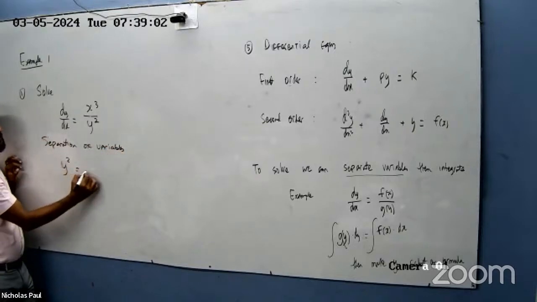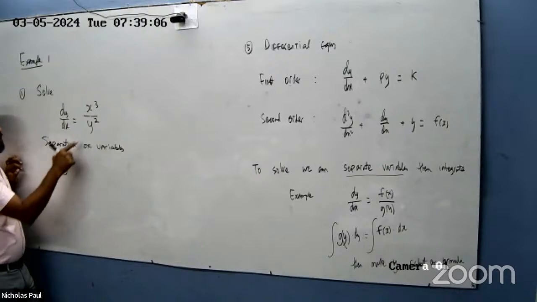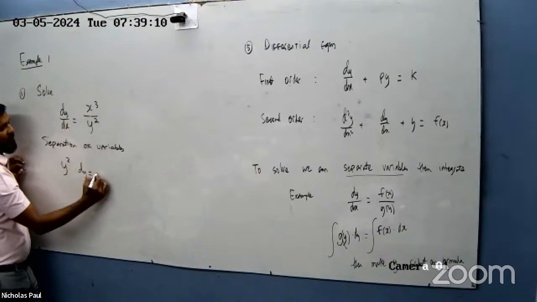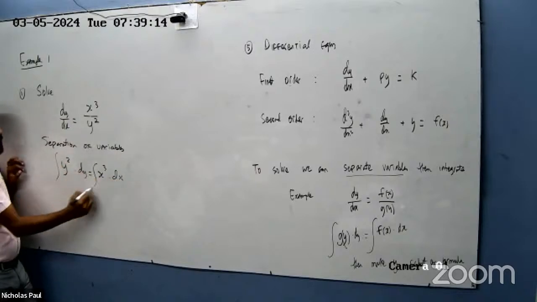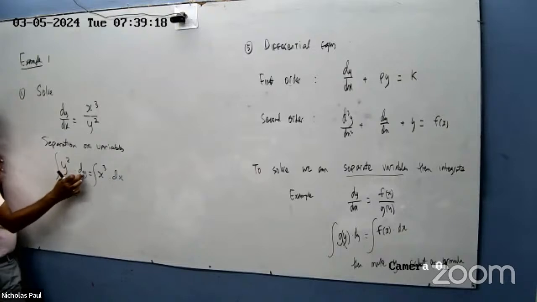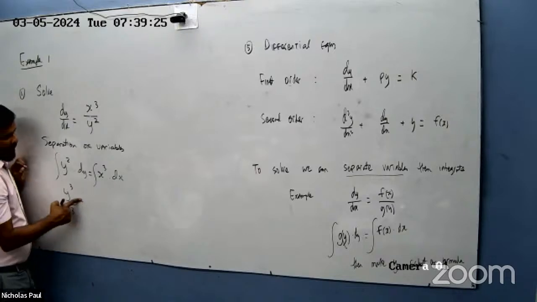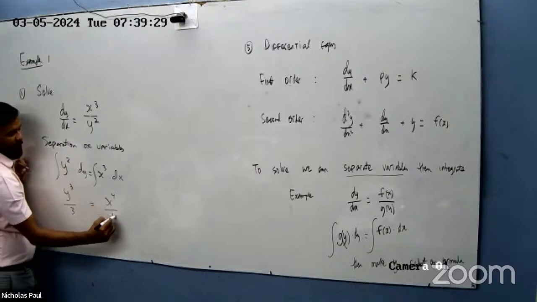You'll get y squared dy is equal to x cubed dx. Then you can integrate here. You're integrating y squared with respect to y, so this will be y cubed on 3, and integrate x cubed, you'll get x to the 4th on 4.